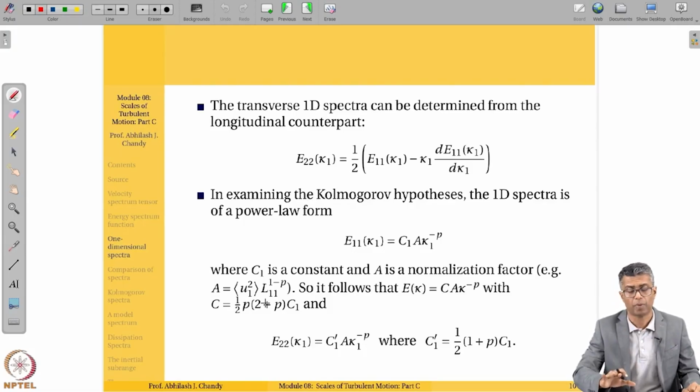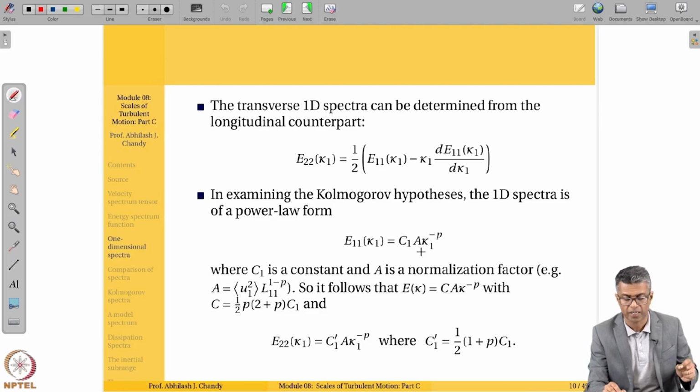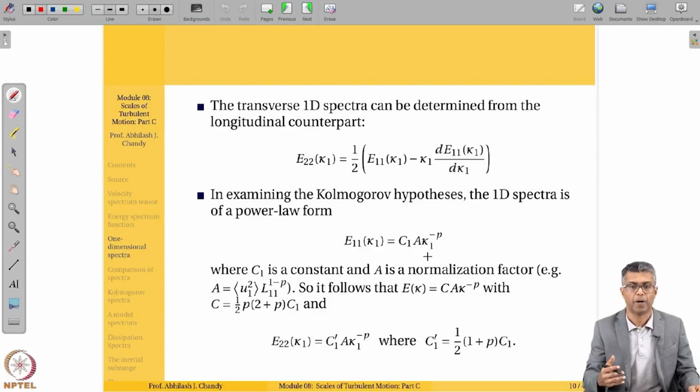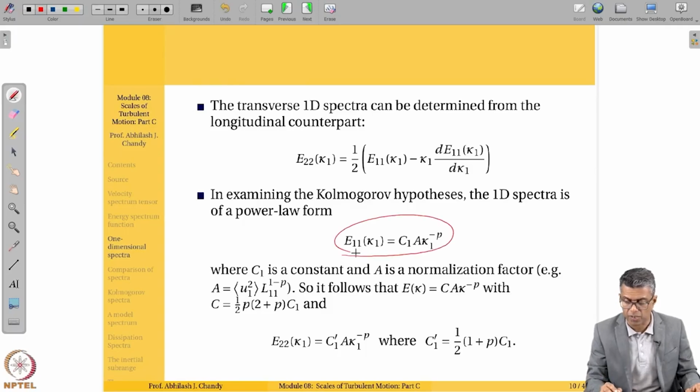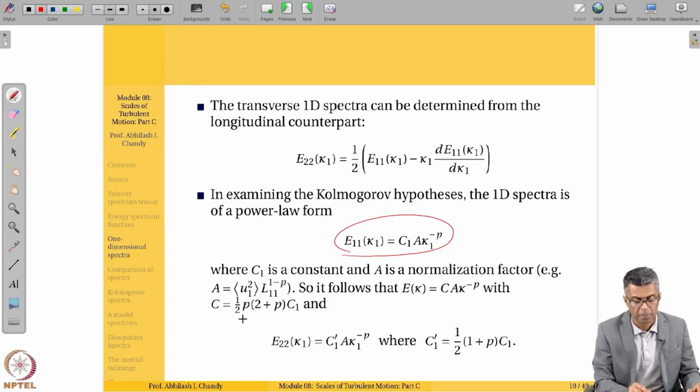So let's say there is some normalization factor so that everything matches. We have this constant multiplied by a normalization factor, and it would depend on the wave number, of course, so kappa 1 to the minus P. In that case, if your 1D spectra is this one, then your E of kappa is going to be C A kappa to the minus P, with C being equal to half P times 2 plus P C1.